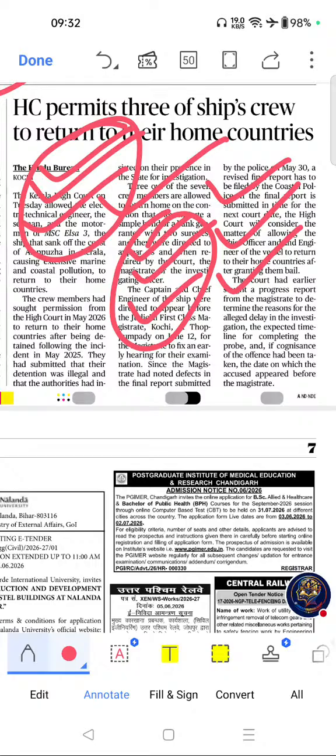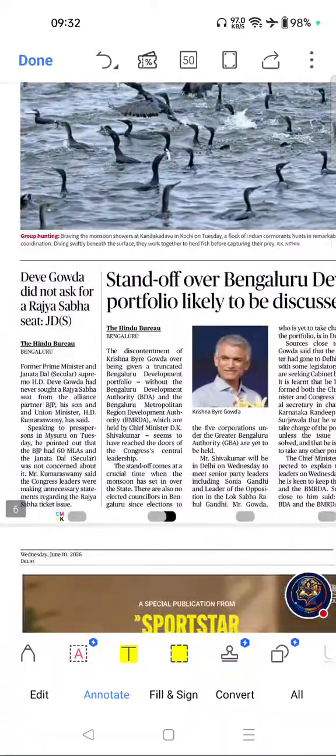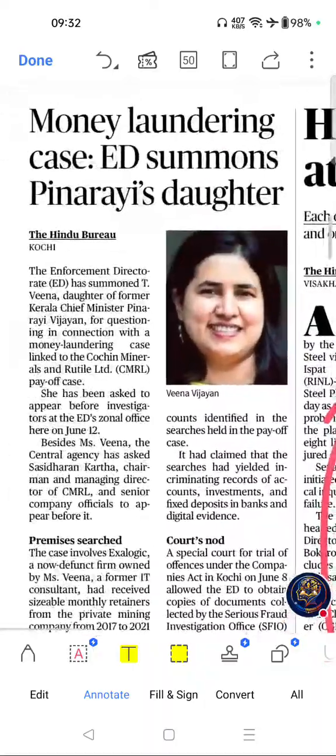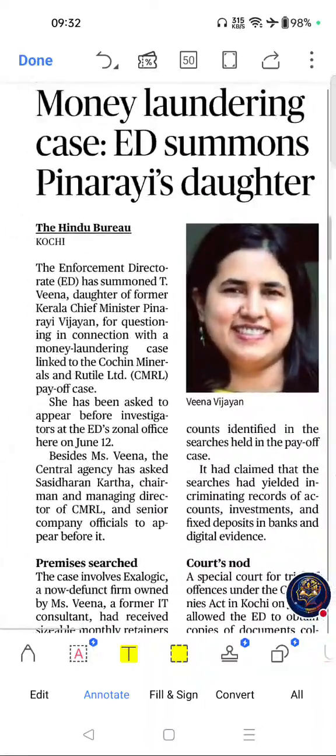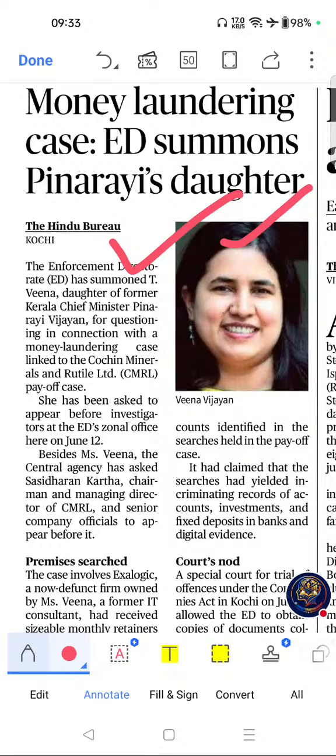Move on to next important article from this page. Was this. Money laundering case. ED summons Pinarayi's daughter. If you see the importance of this article, money laundering is a frequently asked UPSC topic.